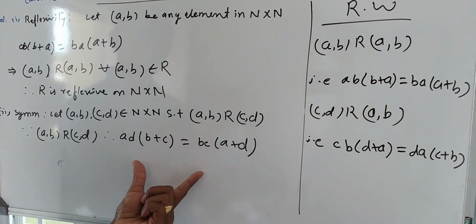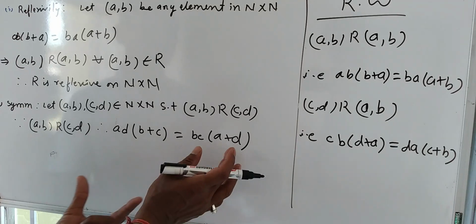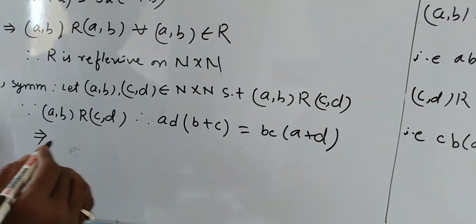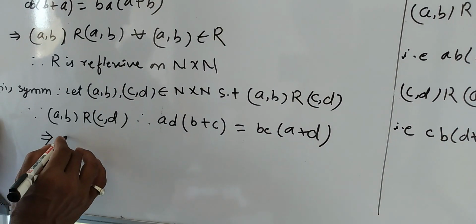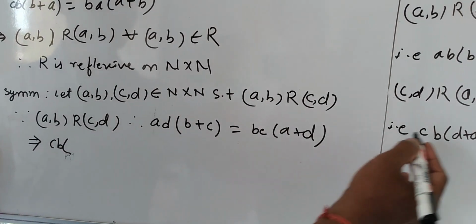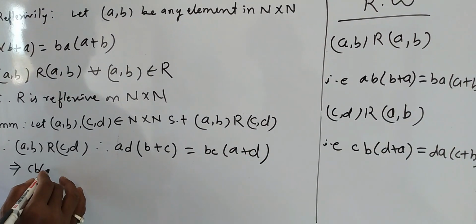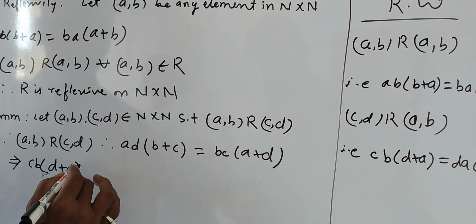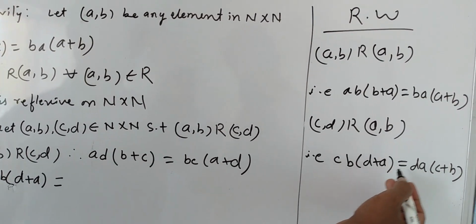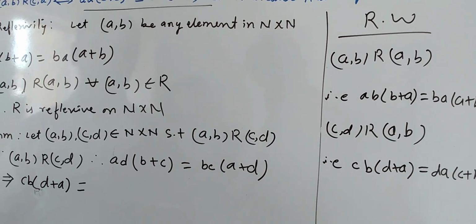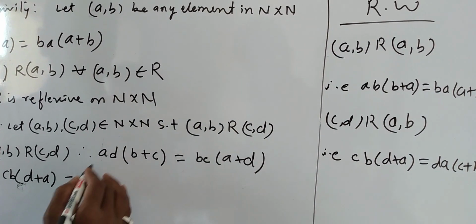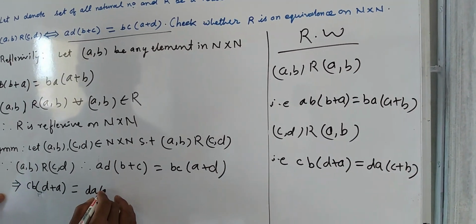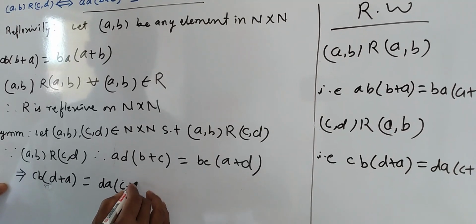So if you observe this, both are the same, just a side has changed, so you can arrange it that way. bc can be written as cb and ad can be written as da, so d + a, and the rest: ad can be written as da and bc can be written as c + b.